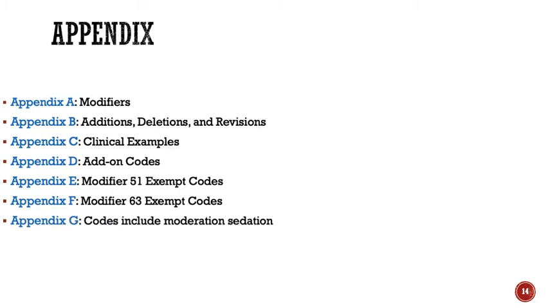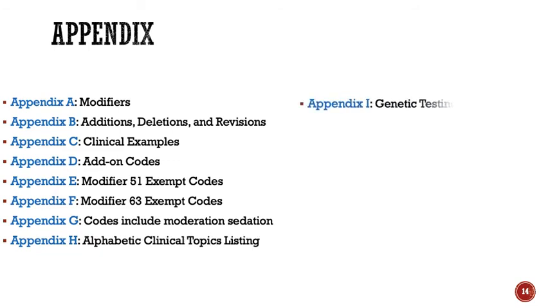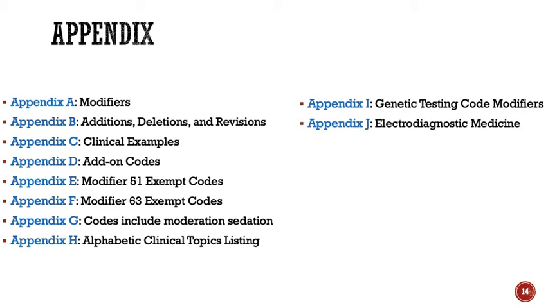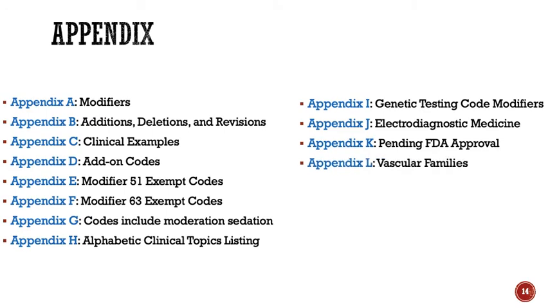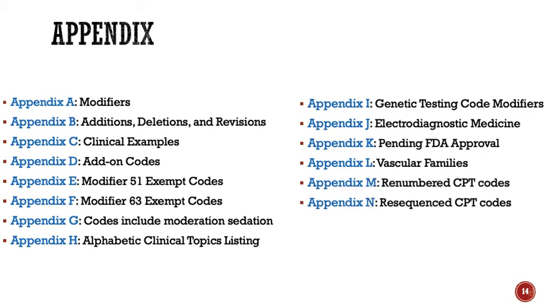Appendix G is for codes that include moderate sedation. Appendix H is for alphabetic clinical topics listing. Appendix I is for genetic testing code modifiers. Appendix J is for electrodiagnostic medicine. Appendix K is for pending FDA approval. Appendix L is for vascular families. Appendix M is for renumbered CPT codes. Appendix N is for resequenced CPT codes. Appendix O is for multi-analyte assays.